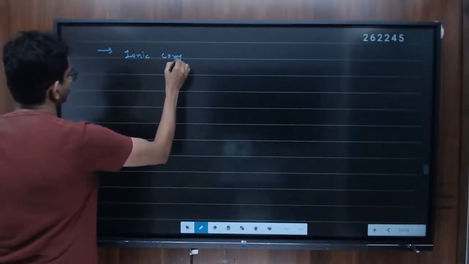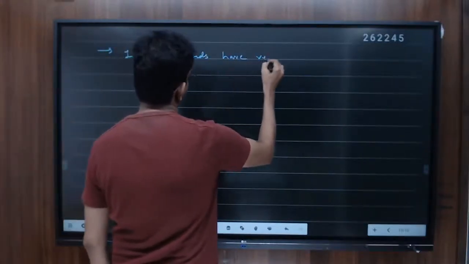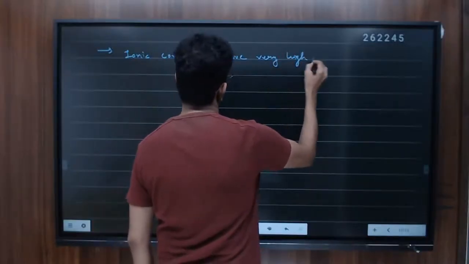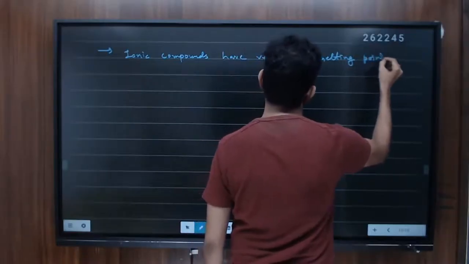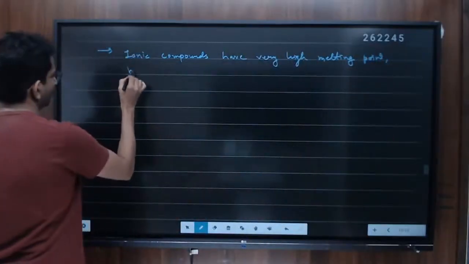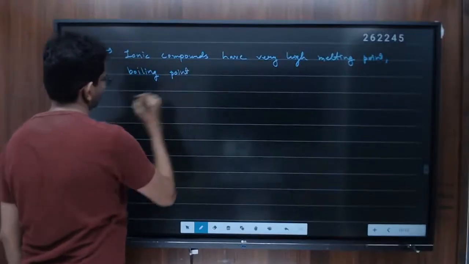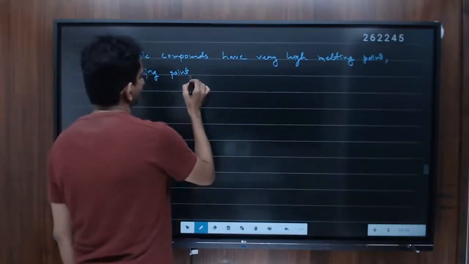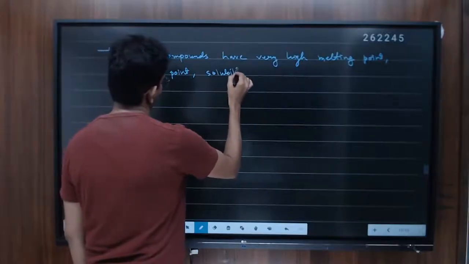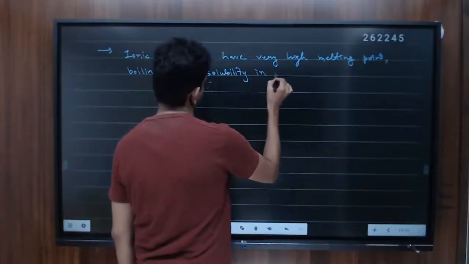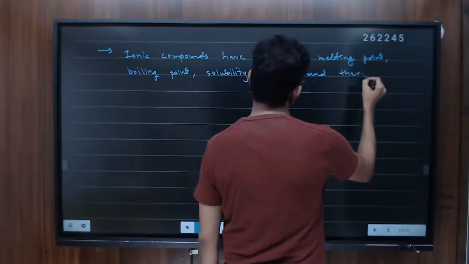Ionic compounds have very high melting point, boiling point, solubility in water and thermal stability.